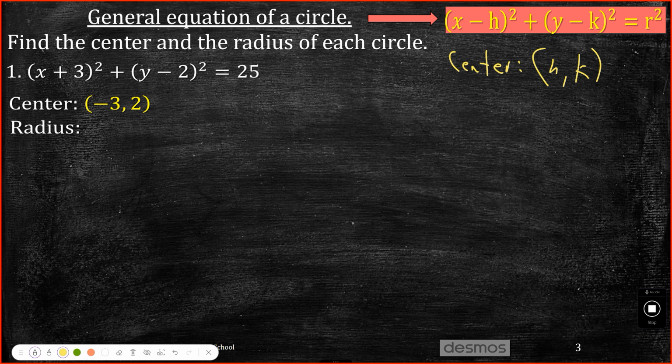It says radius squared. So how can you write this down as radius squared? R squared is 25, so it's going to be what? You can just take the square root of that number. Square root of 25 is 5. The R is 5.